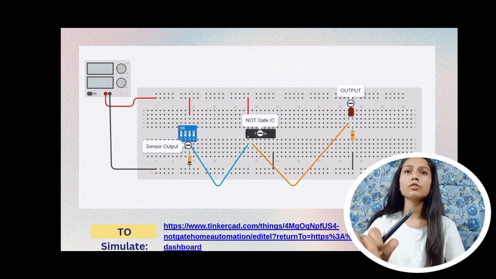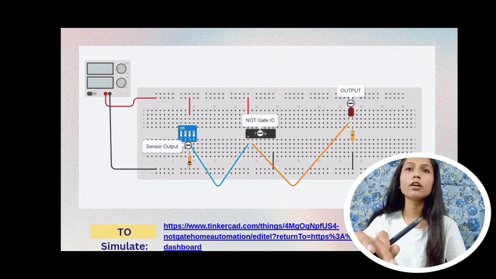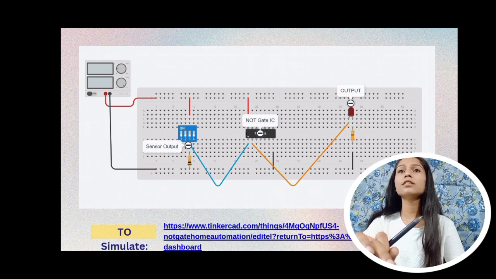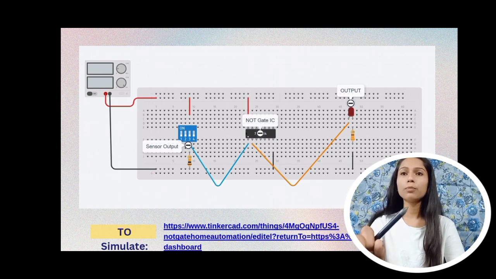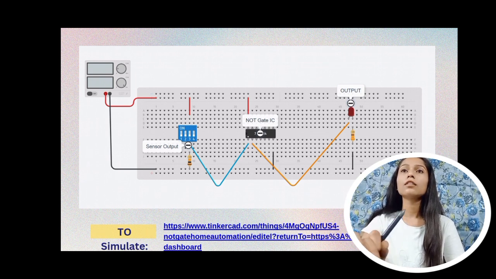In this simulation, the temperature sensor output is fed to the NOT gate, and when the temperature is within the range, it returns 0. Then the output is high, and when the temperature is not in the range, it returns 1. The NOT gate will invert the output, and the output will be 0.